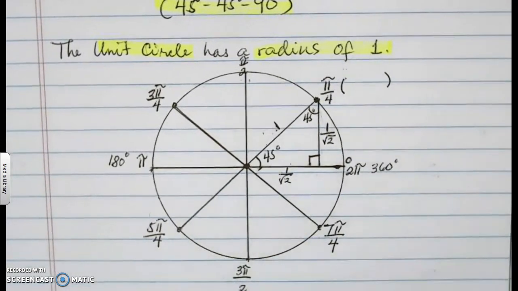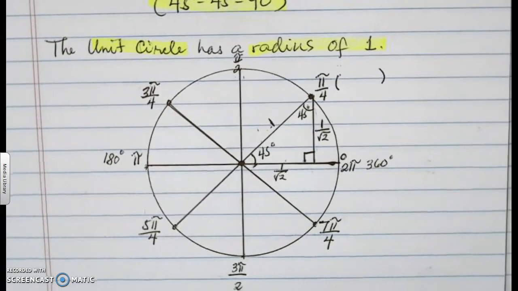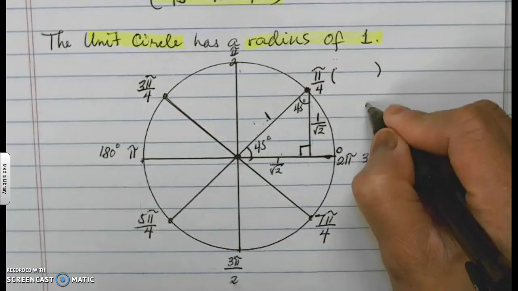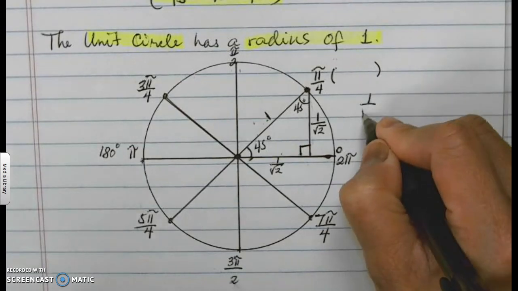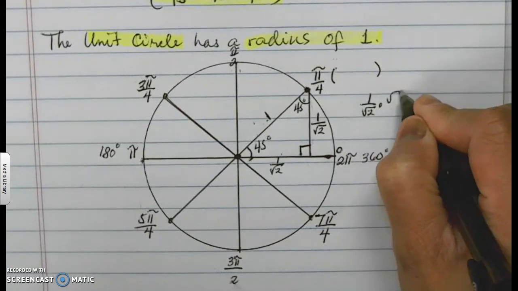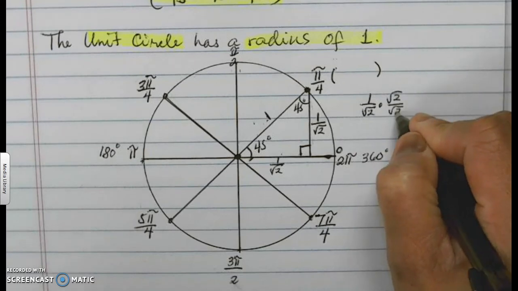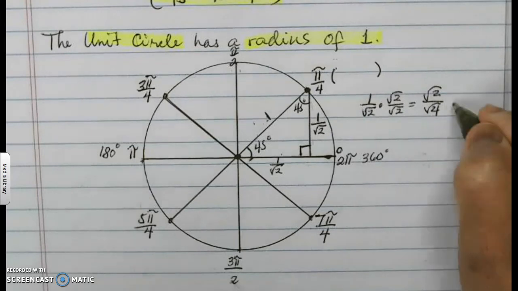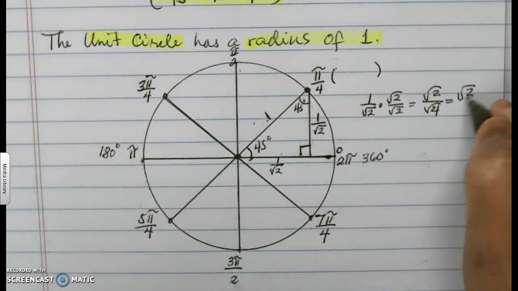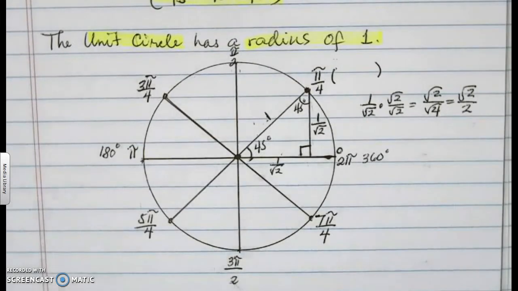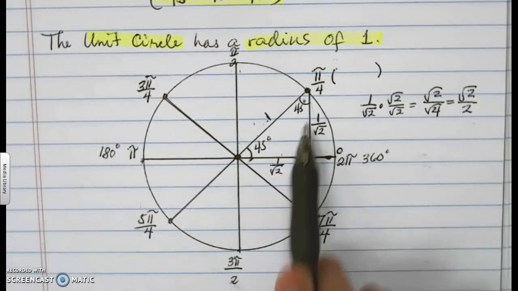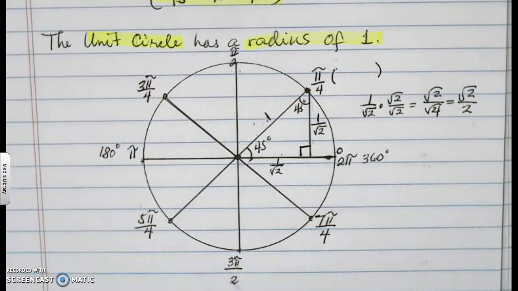We cannot have a radical in the denominator. So we're going to rationalize this. We multiply the numerator and the denominator by square root of 2, which gives square root of 2 over square root of 4, which turns to square root of 2 over 2. And that is it. You will have the same on this leg because the two legs are congruent.